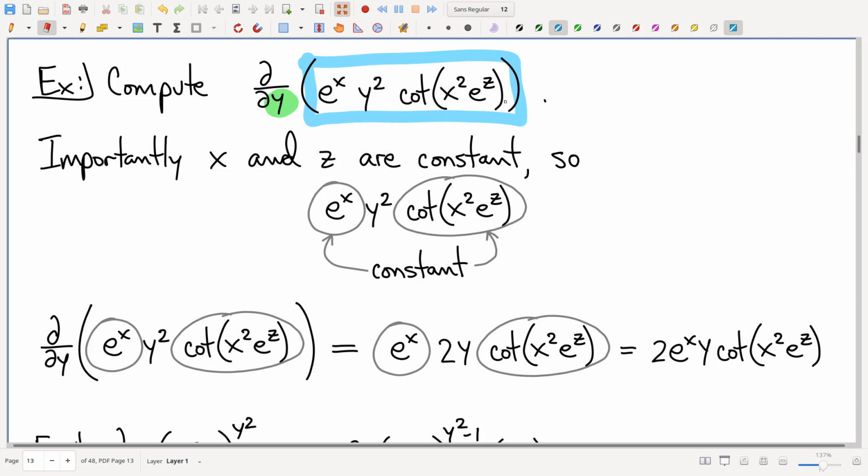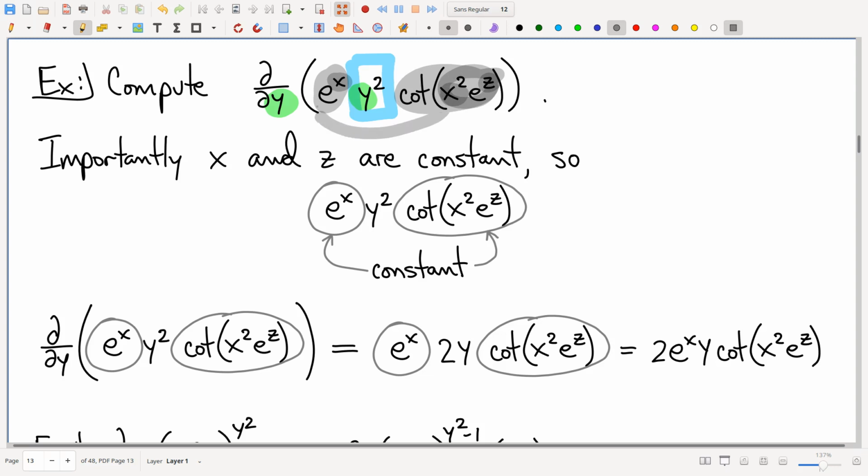And it's not. Because you got to remember, y is our only variable. That means this y squared is a function, but x is a constant. That means e to the x is a constant. And furthermore, with z being a constant, all of that's a constant. And so all of this here is one great big constant, right?